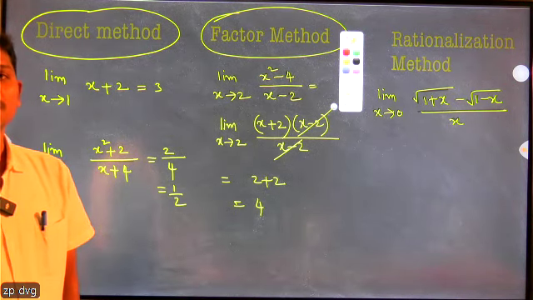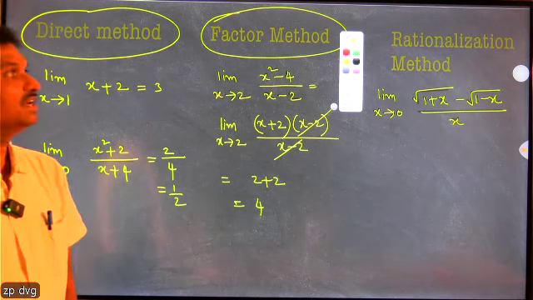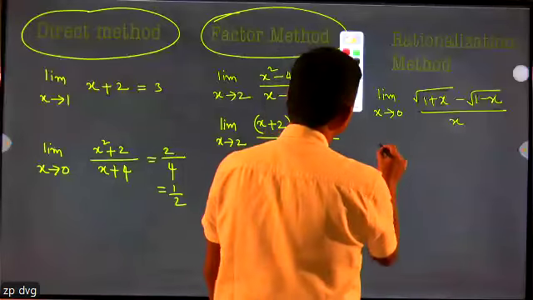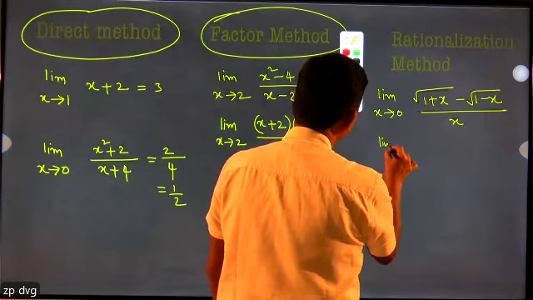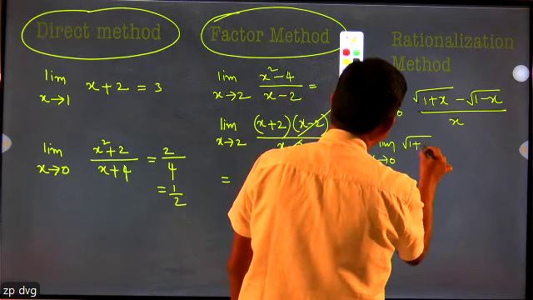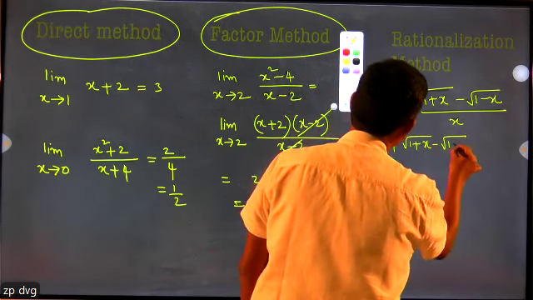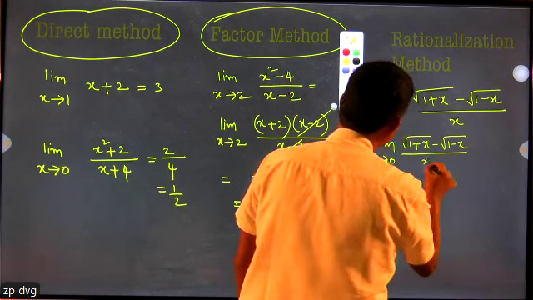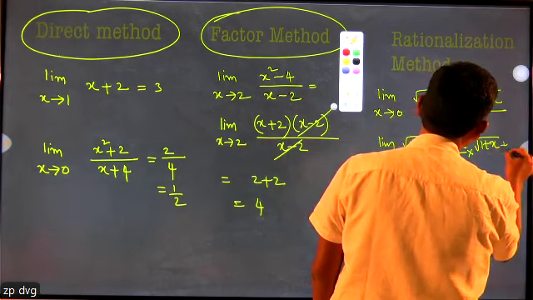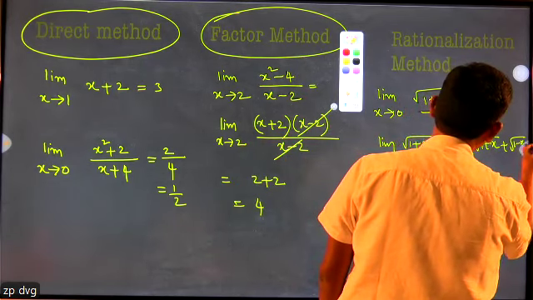When an indeterminate form is there, we look for other alternate methods. What are they? One is the factorization method, another is the rationalization method. You rationalize the numerator. I'll write the steps neatly so that you can understand. Multiply numerator and denominator with root over 1 plus x plus root over 1 minus x.